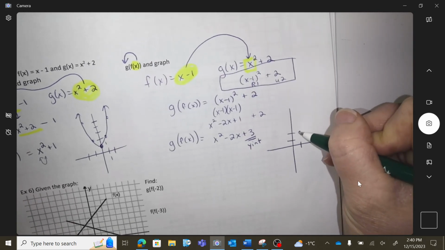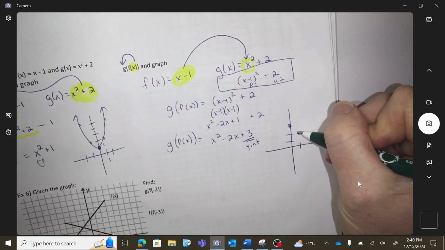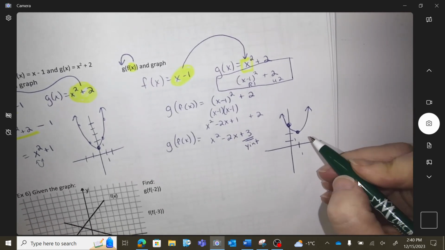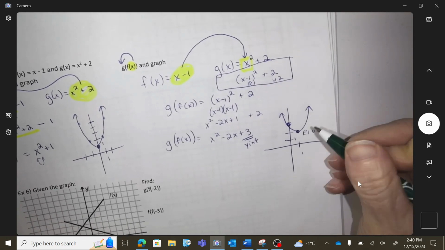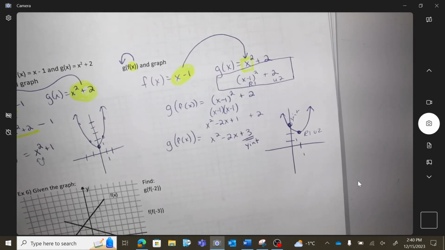Right 1 up 2 is the start of the parabola. The y-intercept is 3. The pattern is 1, 1, 2, 4. All those things connect to what I know. Okay, so don't forget your functions. Don't forget your transformations.